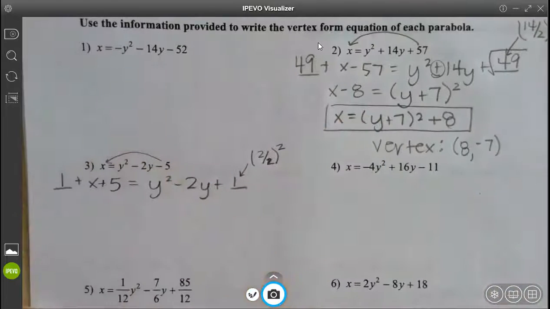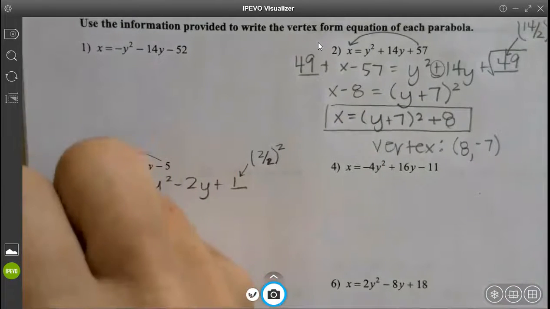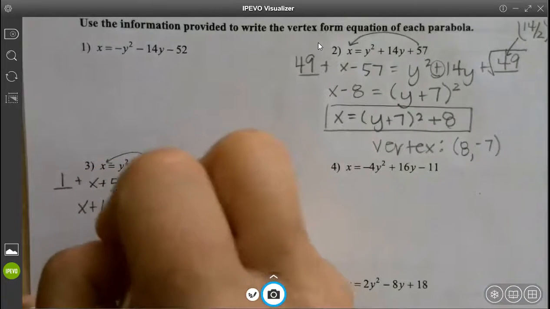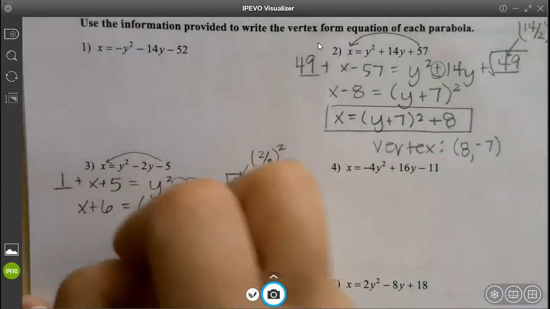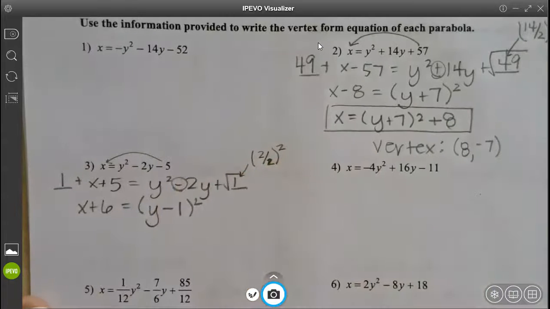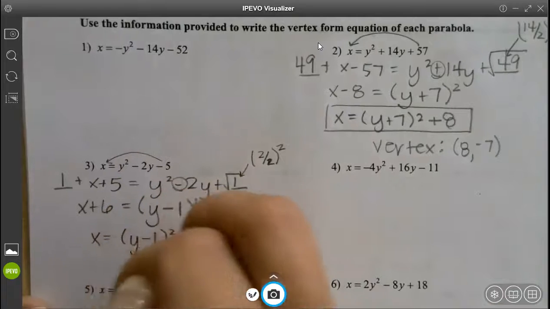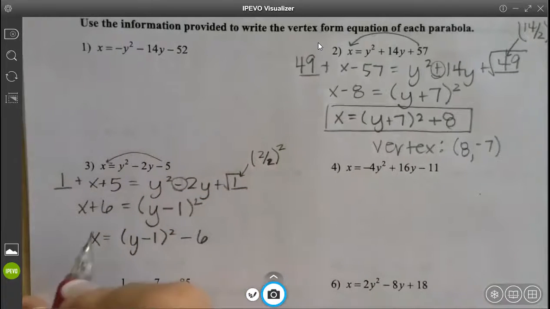Squared is 1. So it fills both blanks. On this side, we get x plus 6 equals. On the other side, y minus the square root of 1 is 1 squared. And then the last step is to move the 6 over. So x equals y minus 1 squared. Subtract the 6.